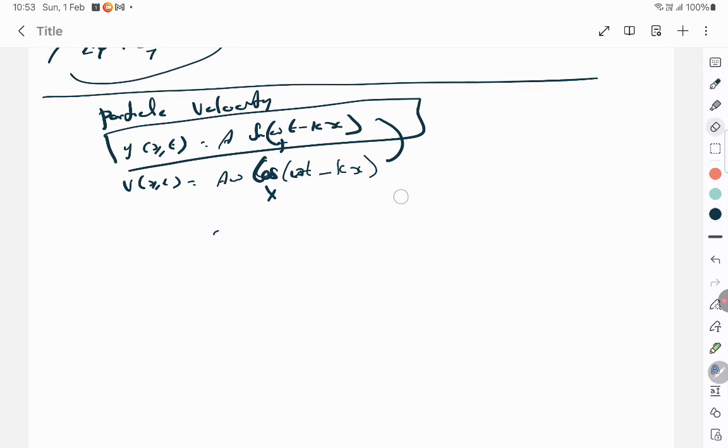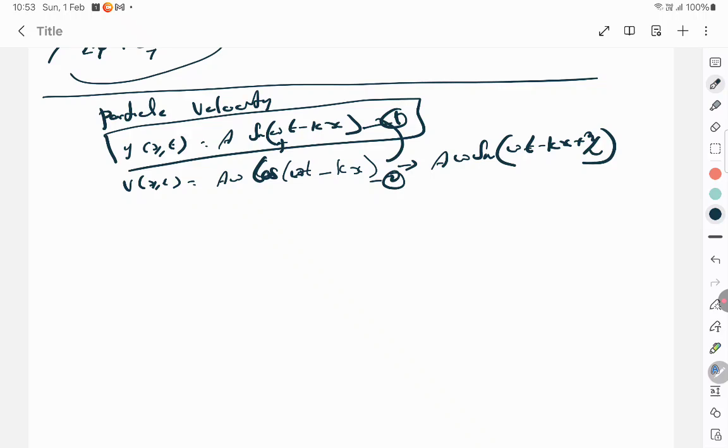However, just leave it like this. This is another way you write it: −Aω sin(ωt − kx + π/2) is another expression to show that velocity is ahead by 90 degrees. Okay, this is the first equation. This is the second equation.